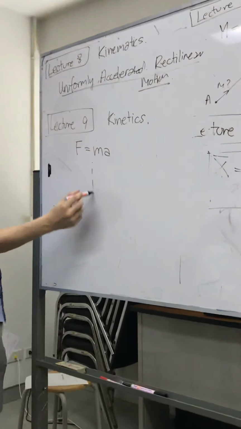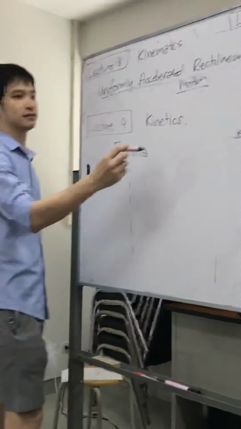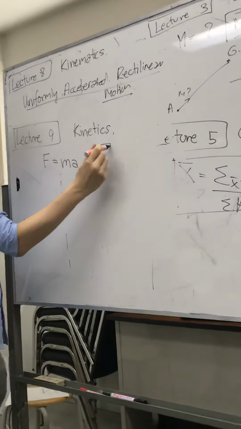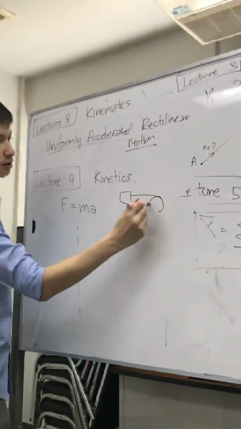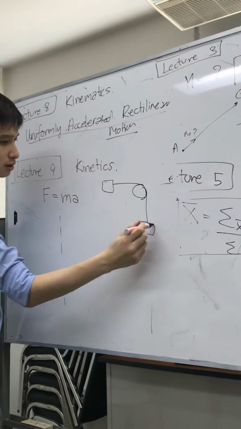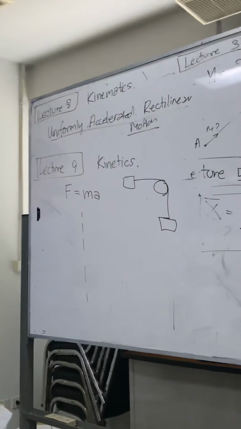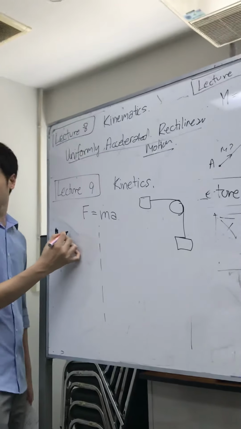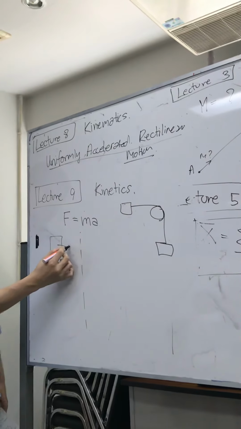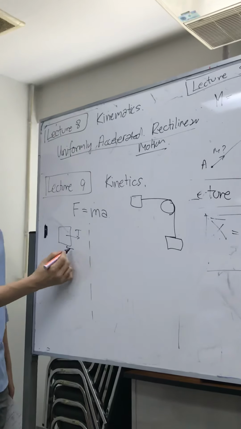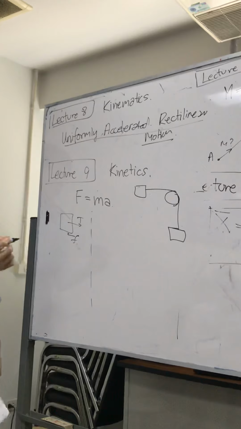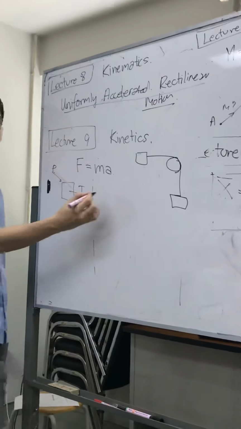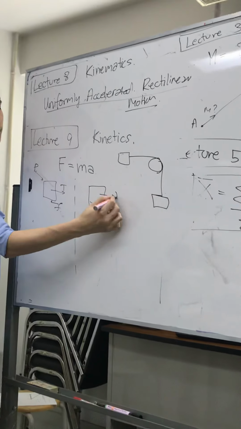So for example, we have something like this. Then you can draw the force, tension, and then friction, or other things. There will be maybe a force, an external force, and then this one will be ma.